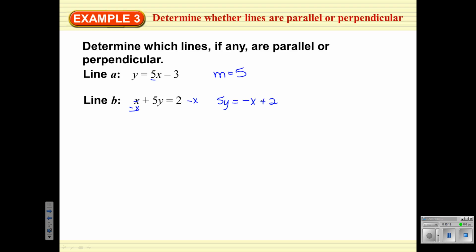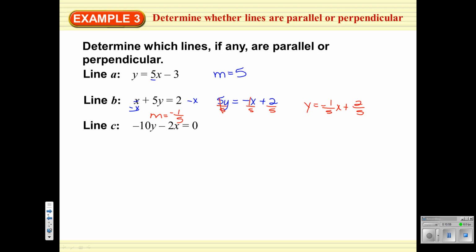Divide everything by 5, leaving me with y = negative, this is an understood 1, so -1/5 x + 2/5. Now my slope of line B is right there, -1/5. So we know it's not parallel because it doesn't have the same slope, but it is perpendicular because positive 5 and -1/5 are negative reciprocals.